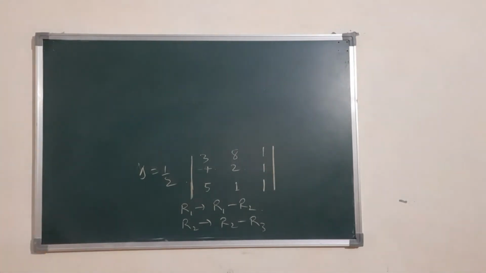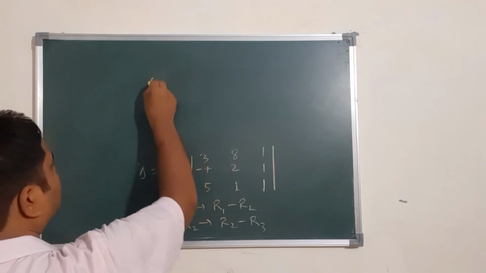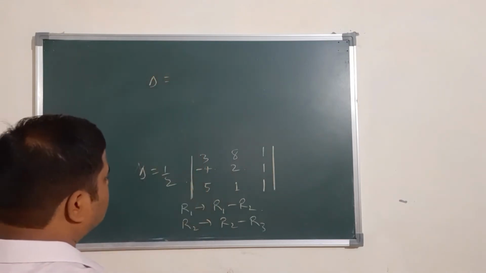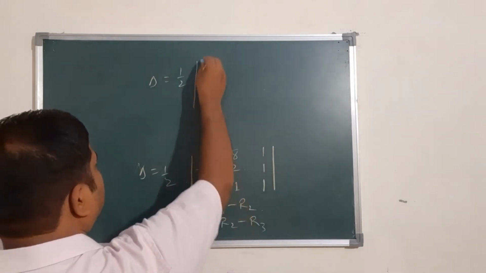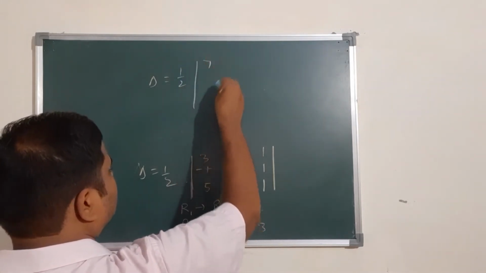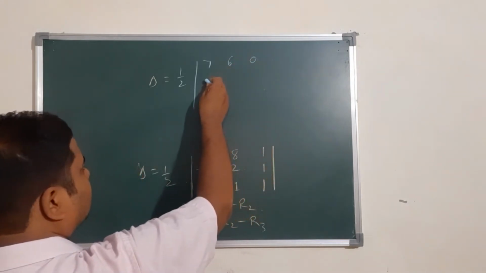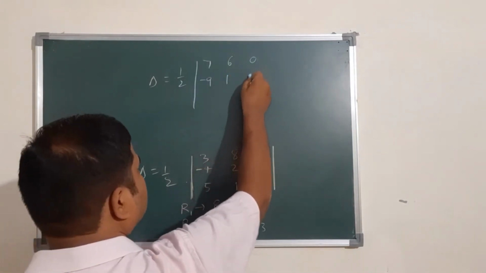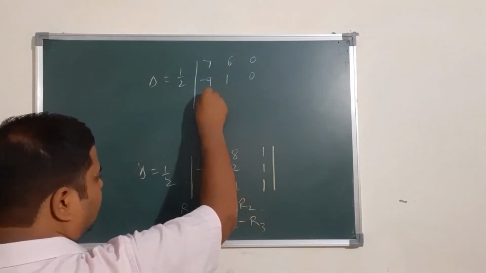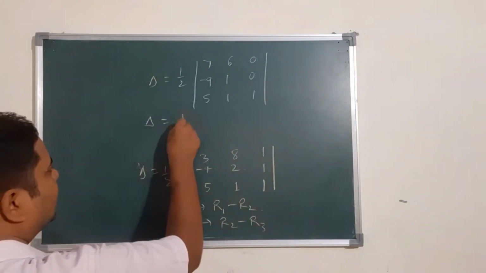After the operations, delta = 1/2 times the determinant with rows 7, 6, 0; -9, 1, 0; 5, 1, 1. Now expand it, and we will easily get the answer.